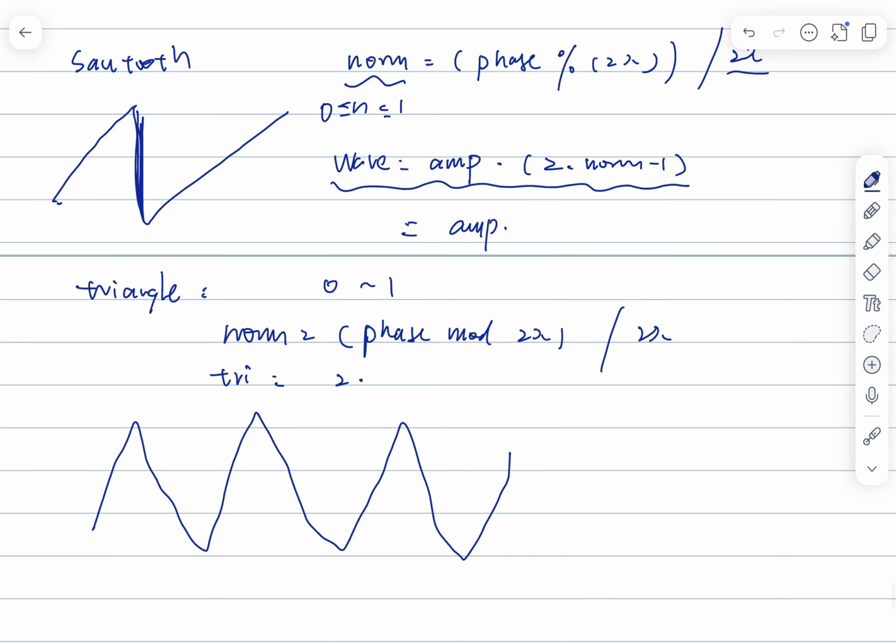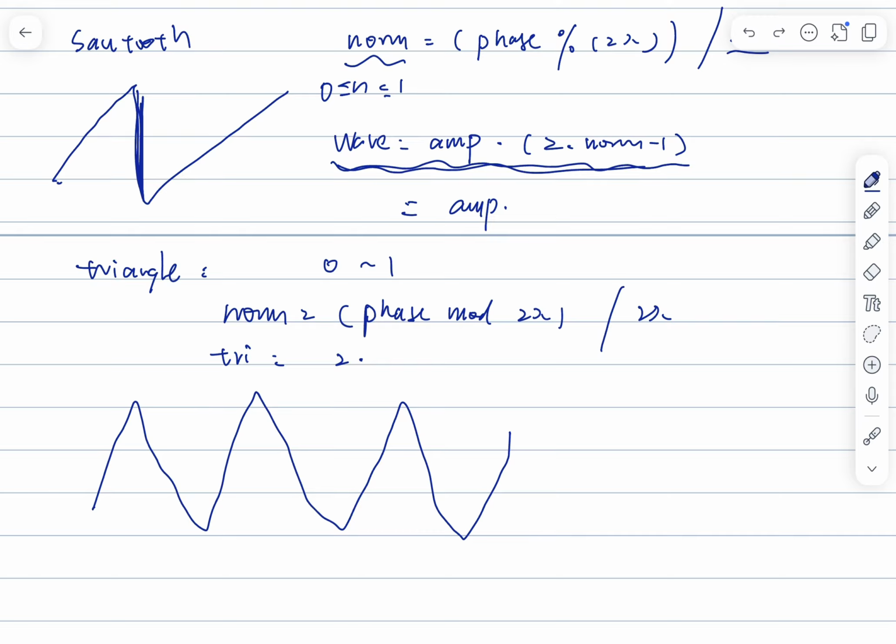Remember how we did amplitude? 2 times norm minus 1 stretches the range of 0 to 1 out to -1 to 1.